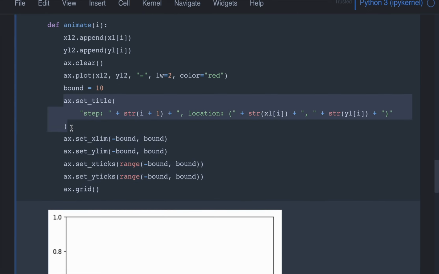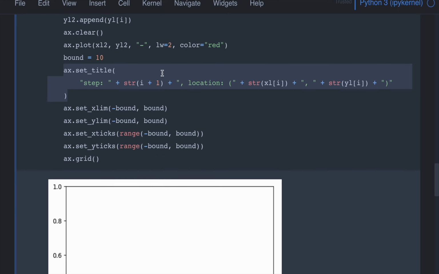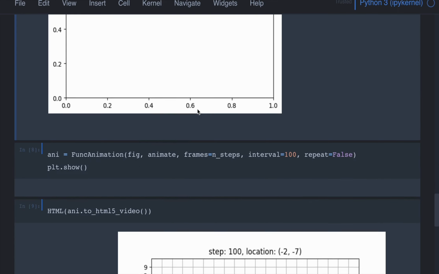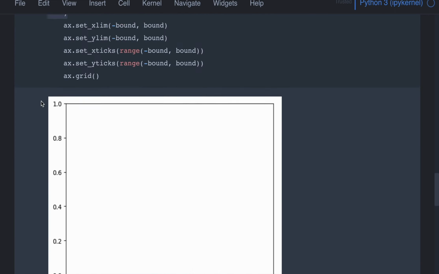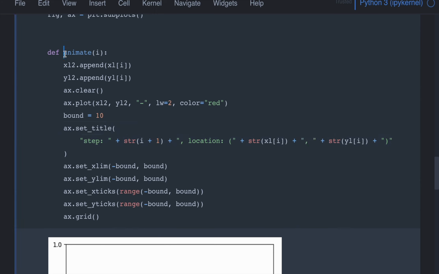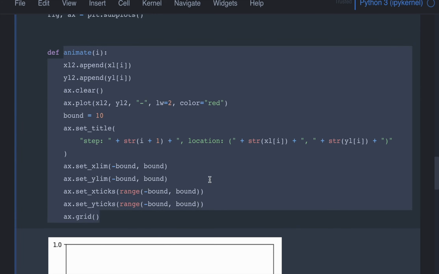Here I'm just plotting the frame number and the location, right? So we use this animate function from matplotlib. We simply pass this figure, and then this is the function which we have created, animate, where we have the definition, the coordinates, what to plot, etc.